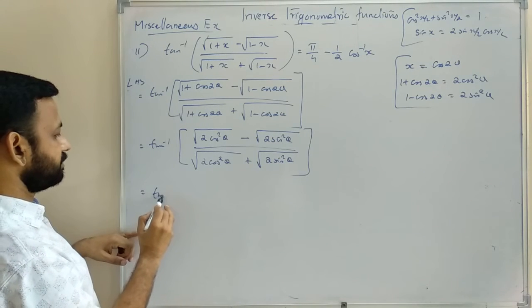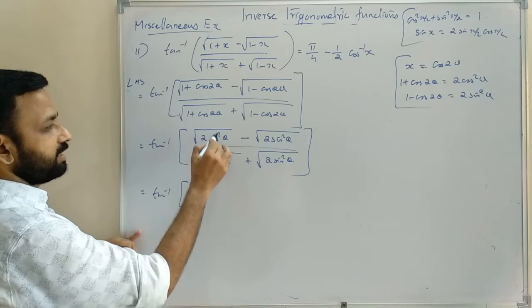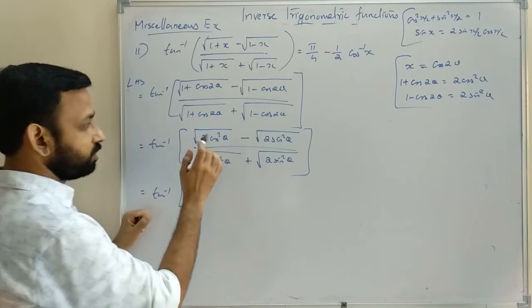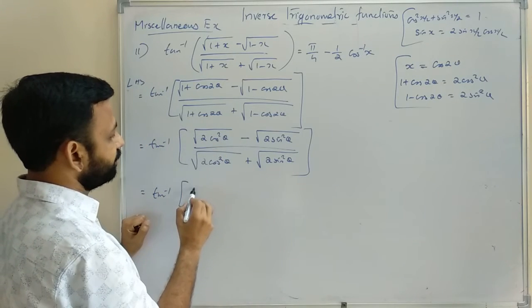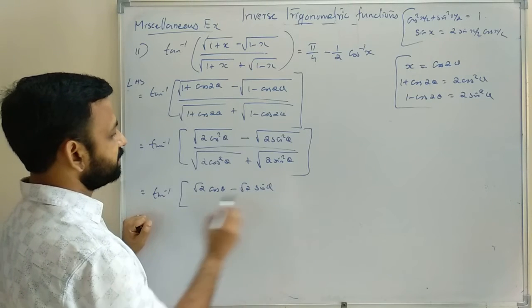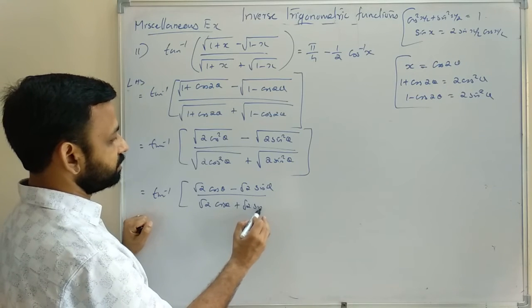That is equal to tan inverse, cos square theta and the radical will be cancelled. So here root 2 we can take outside, root 2 into root 2 cos theta minus root 2 sin theta upon root 2 cos theta plus root 2 sin theta.